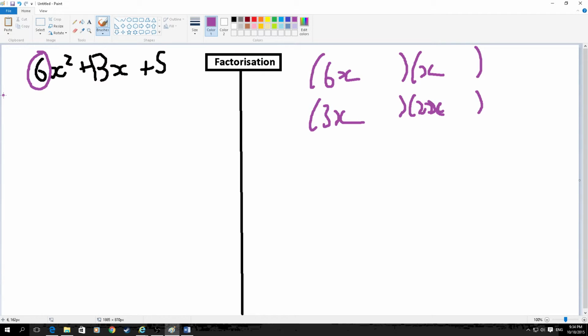So this leaves more ways of doing it, and there's probably many answers you can get. So 5 and 1 is always a prime number, so that's 5 and 1. So I'm going to do 3x and 2x. Nice.